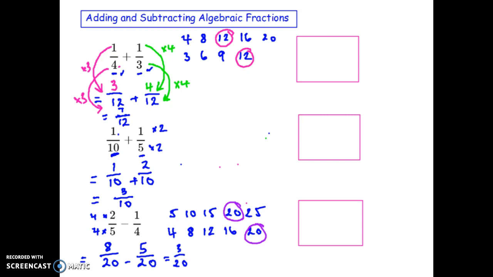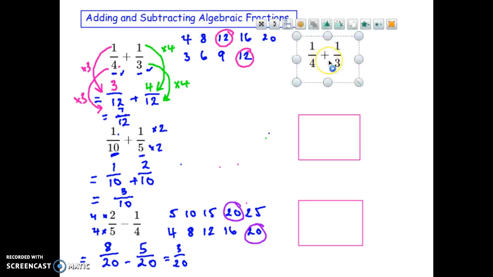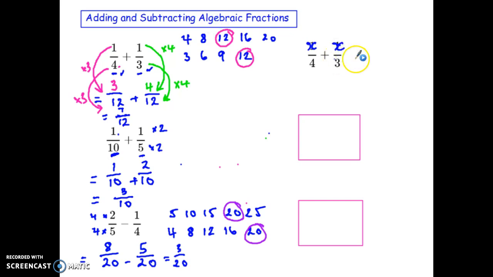If you can do these fractions, then you can also do algebraic fractions. Have a look. If I was to change this question that we had here, instead of 1/4 plus 1/3, let's make it x over 4 plus x over 3.